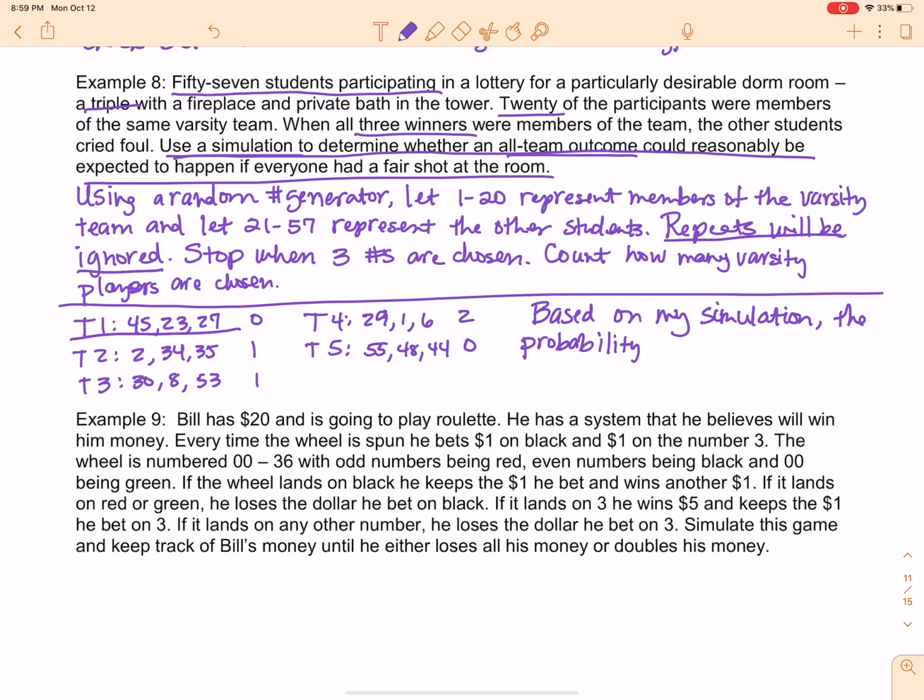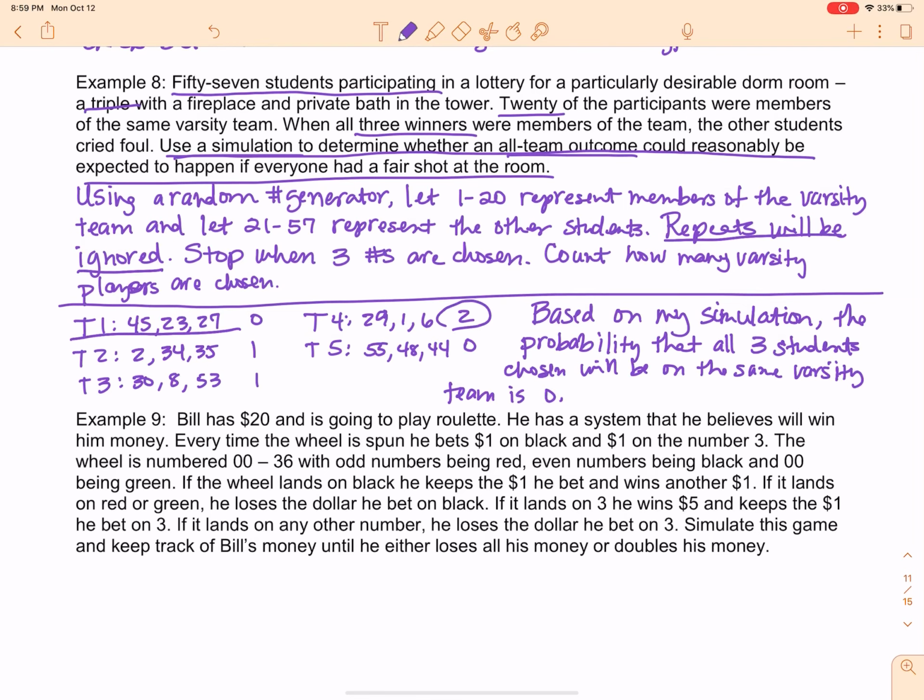the probability that all 3 students chosen will be on the same varsity team, if I could write, is 0, because it didn't happen.